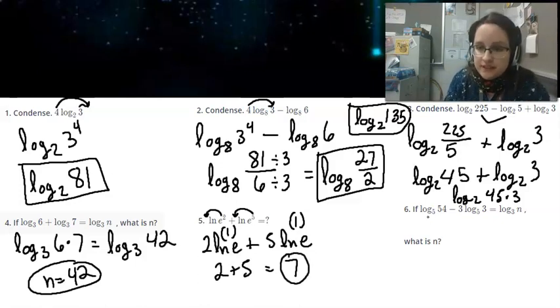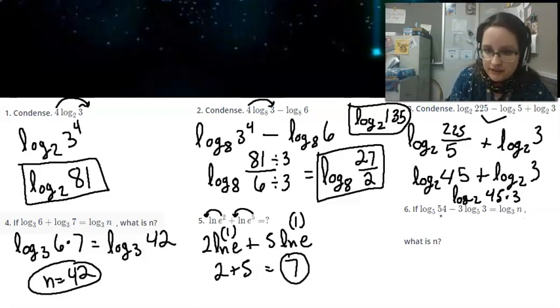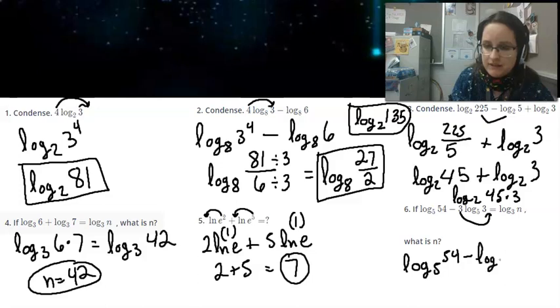Number 6. If log 5 of 54 minus 3 log 5 of 3 equals log 5 of n, what is n? Okay, let's first use the power rule to move this 3 as an exponent. So we have log 5 of 54 minus log 5 of 3 to the third power, which is 27.